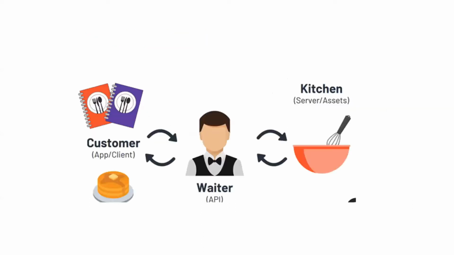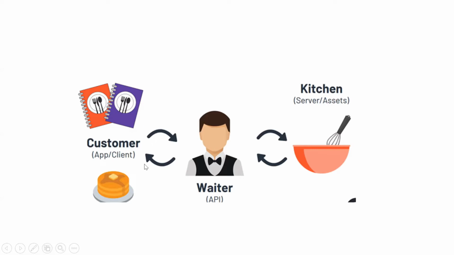In simple words, API is like this waiter, if you can see over here. This waiter will go to the client, take the request, and write it down in his handwritten notes. He will go back to the kitchen and tell them, you know what, we got an order. This is the order. And then he will take this order and give it to the client.